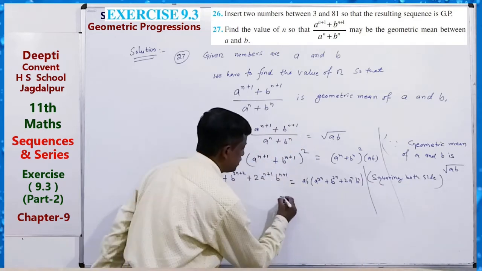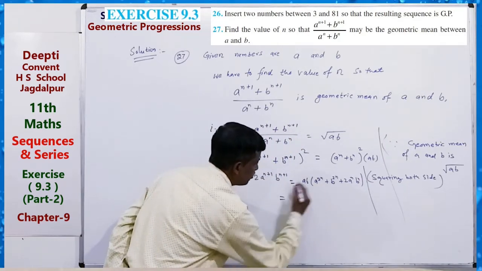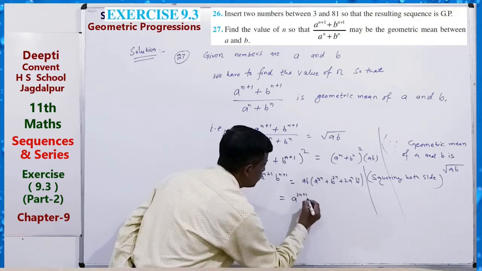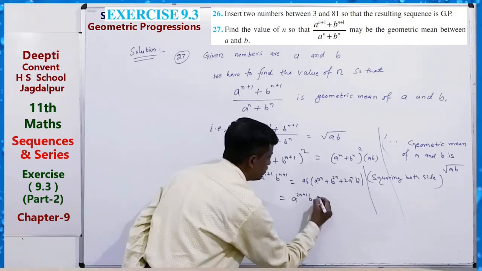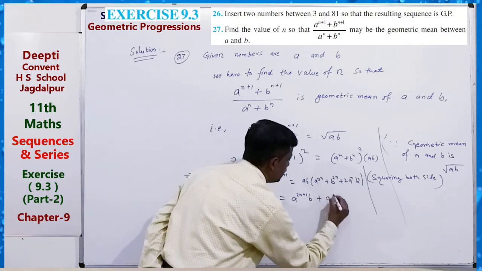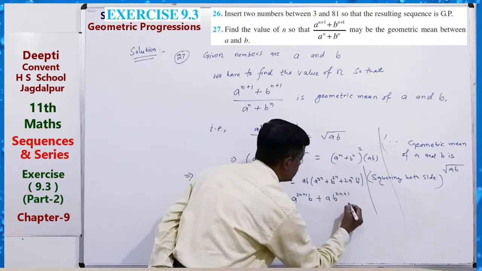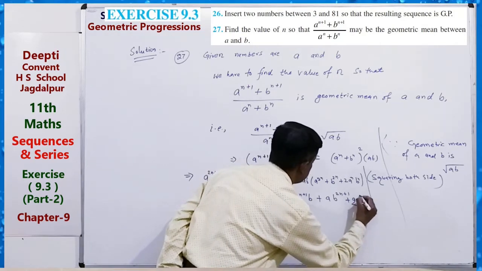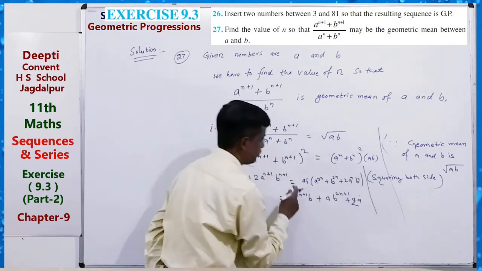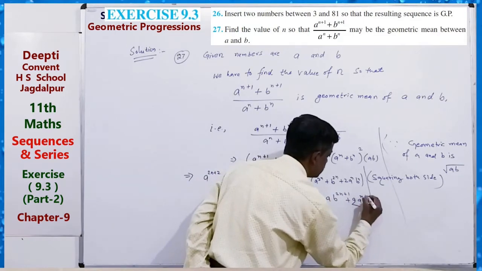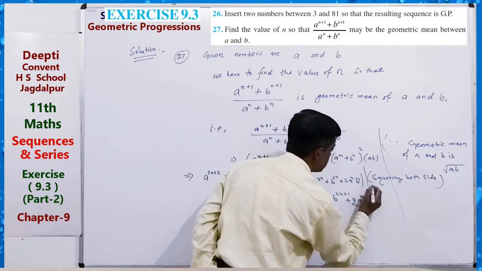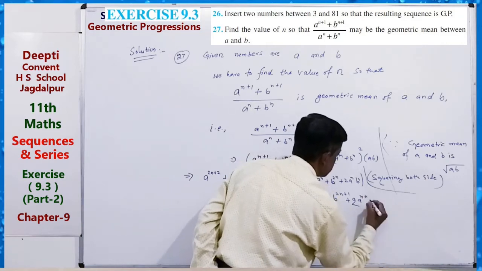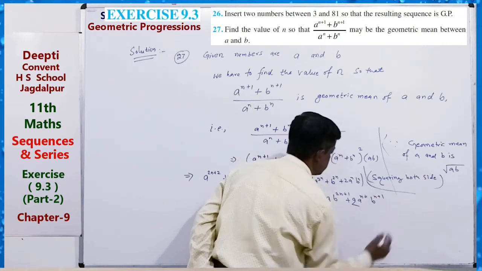So on the right hand side we can write a to the power 2n plus 1 into b plus a b to the power 2n plus 1 plus 2 a power n plus 1 b power n plus 1.